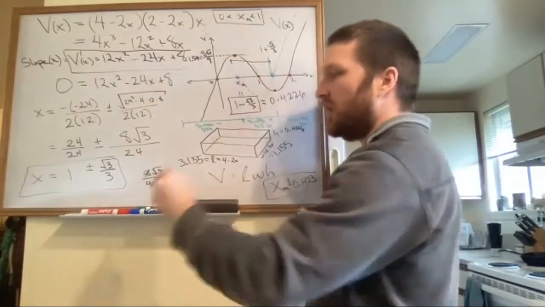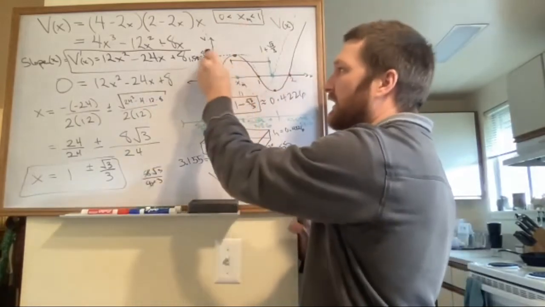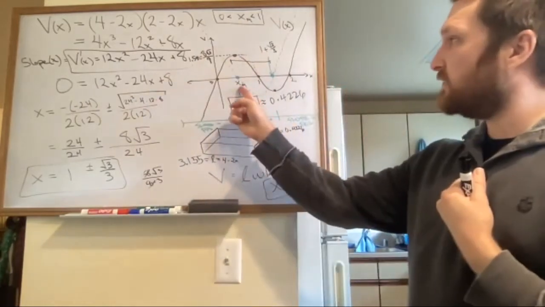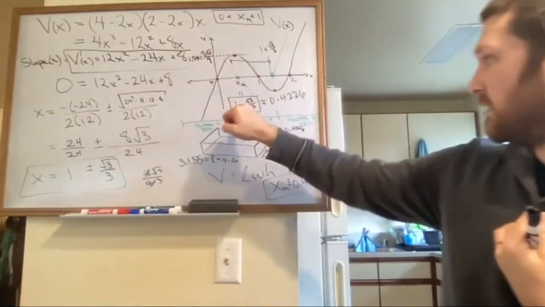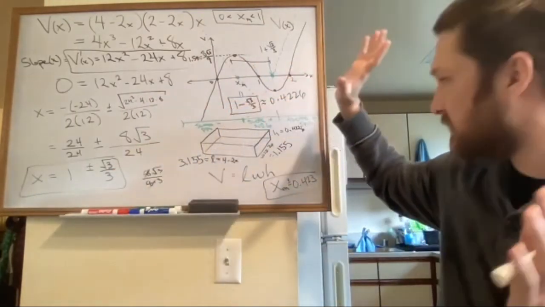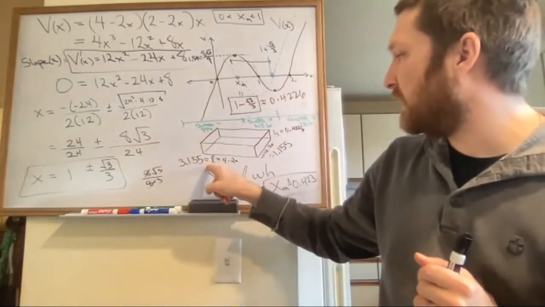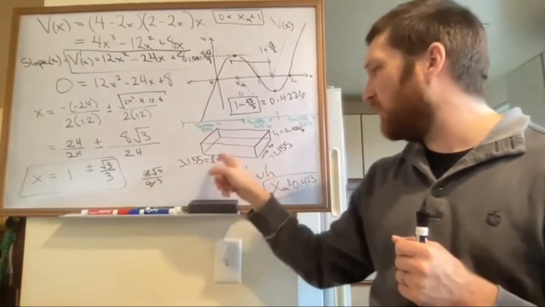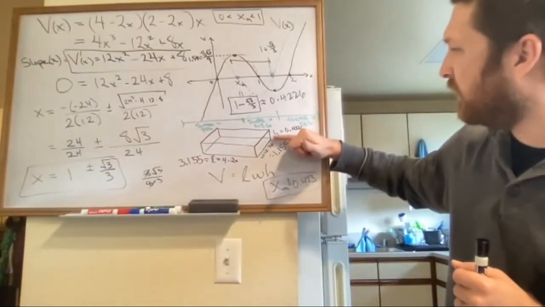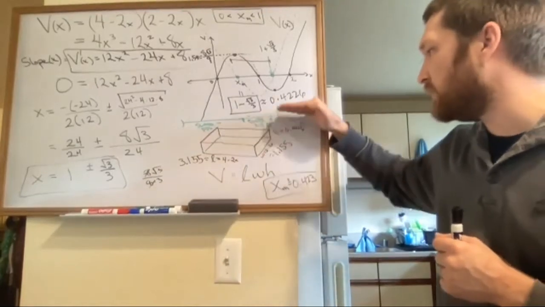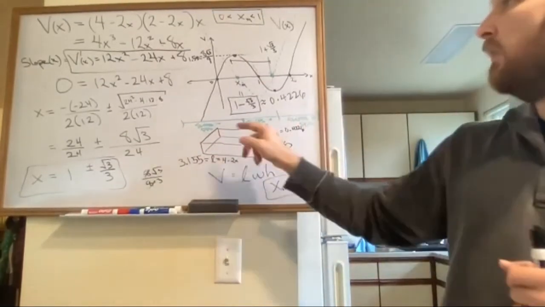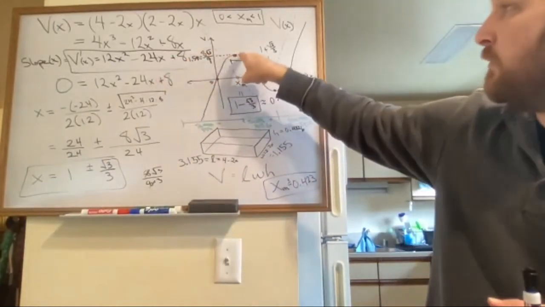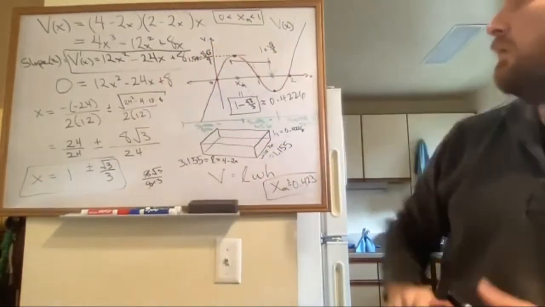Then, with knowing where the max occurs and having a nice picture drawn out, at least helps me a lot. I could say, well, that max value occurs right here, which is approximately this, which we could then plug in to find out that my box is going to be 3.155 by 1.155 with a height of 0.4226, which if you multiply all those together gives you 8 root 3 over 9, or a maximum volume of 1.54 right there.